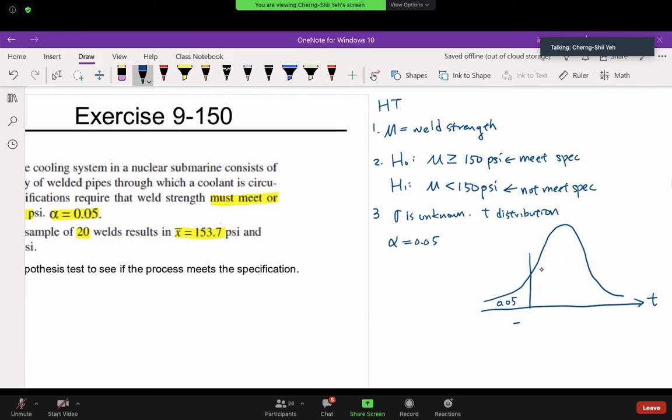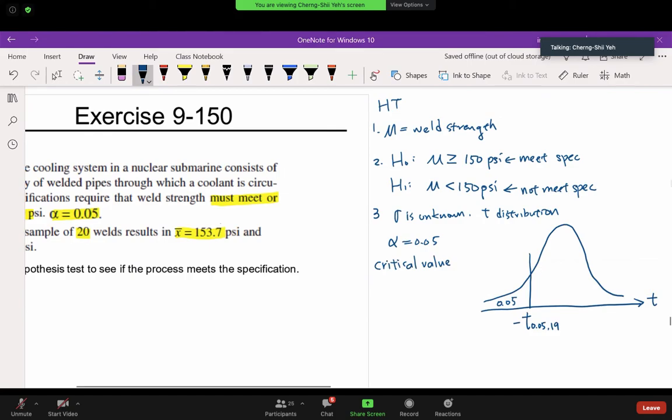Critical value is negative t. Probability is 0.05. Degrees of freedom is sample size 20 minus 1, 19. Okay? So here's my critical value.